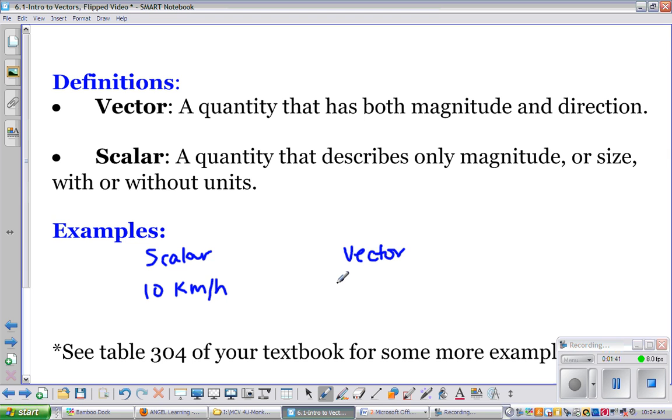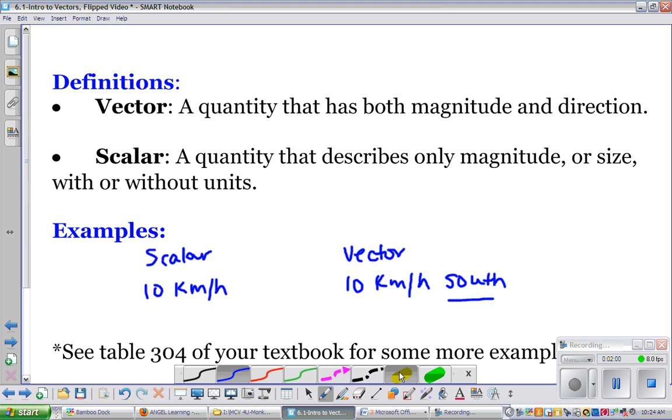That is just a value, and it can have units or not. A vector could be 10 kilometers per hour, and as soon as you add a direction, so you could say south or 60 degrees from the horizontal, it becomes a vector. There are more examples of these on page 304, so you can take a look at those.